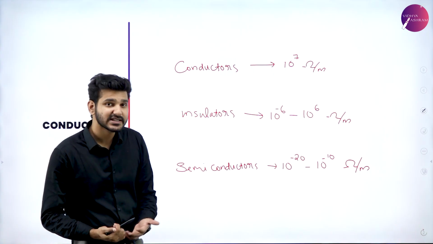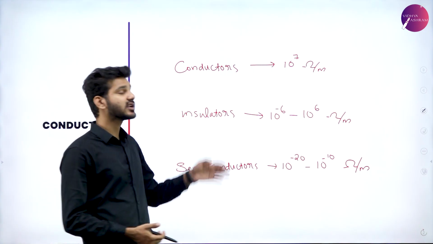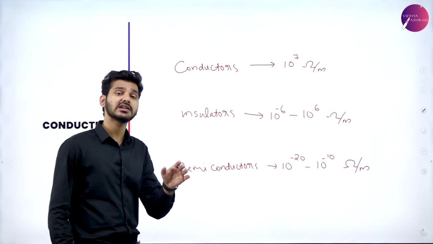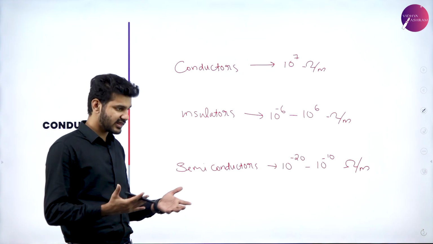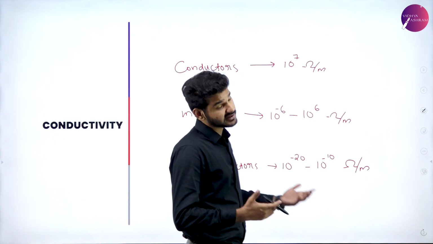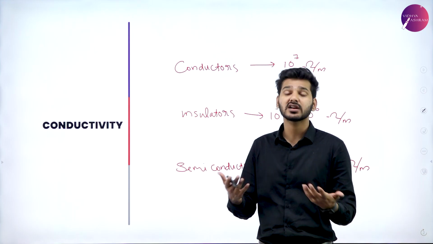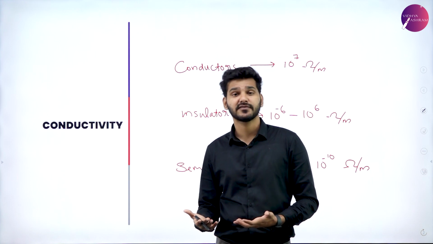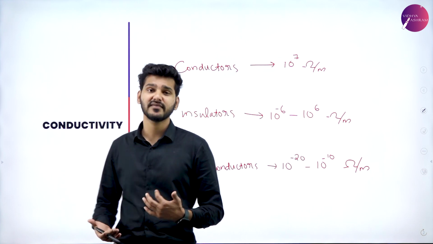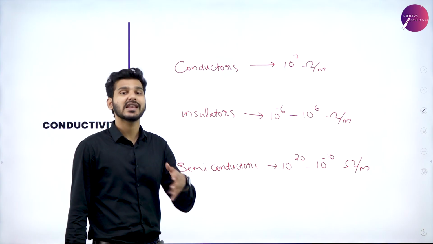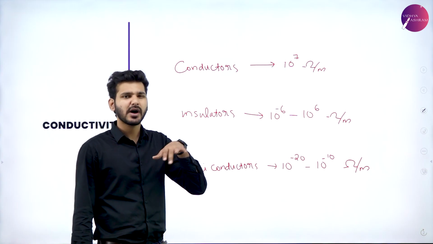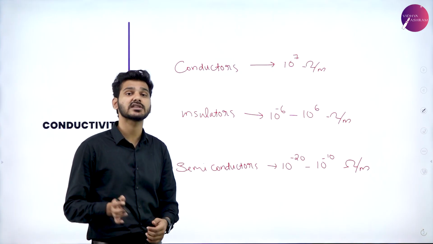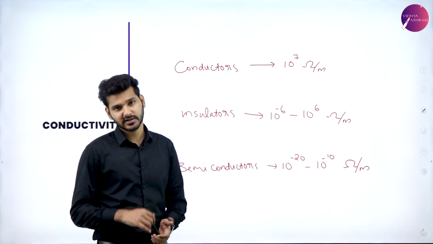So in other words, mathematically, we can also represent how we can classify conductors, semiconductors and insulators in terms of conductivity. So again, this is how we normally classify objects, that is based on conduction or simply conductivity. How well a conductor conducts electricity, then we classify it as a good conductor. If it is really bad, we classify it as an insulator. And somewhere in the middle, which is having partial good conductance, but not up to the peak level of a conductor, those substances are known as semiconductors.